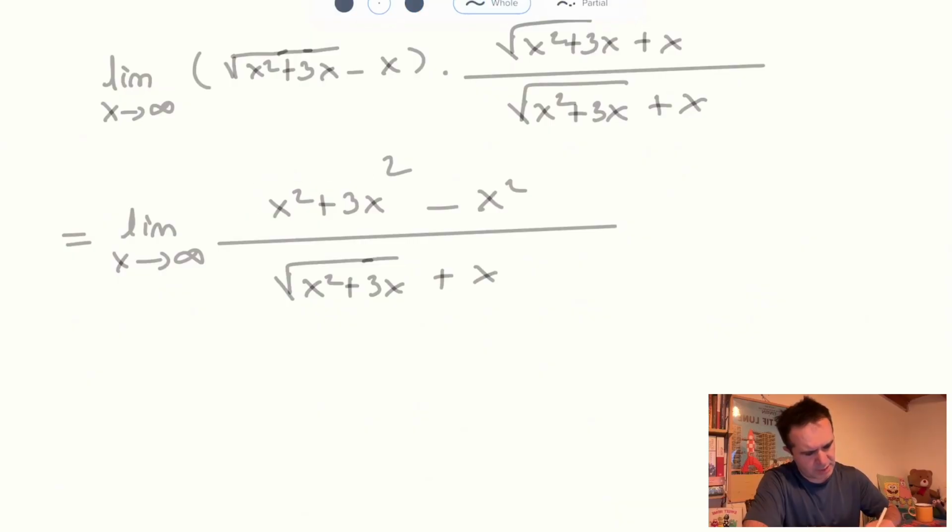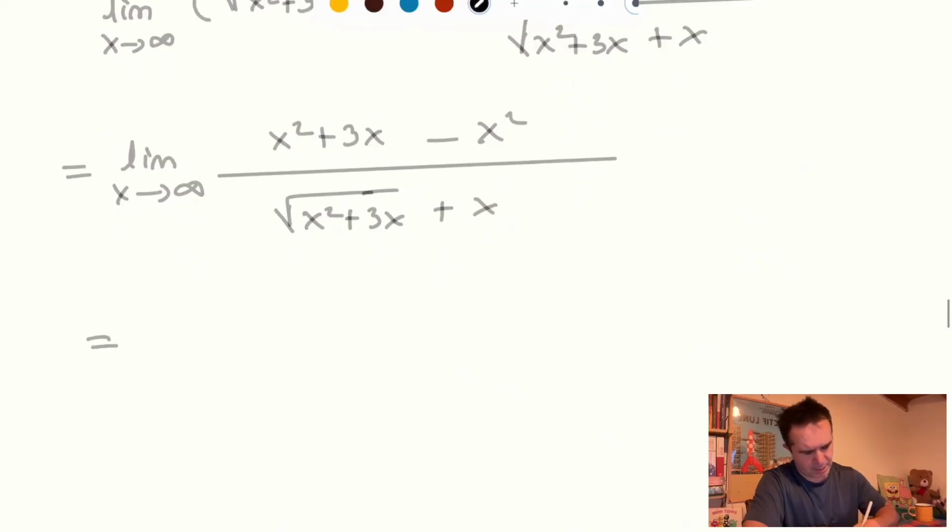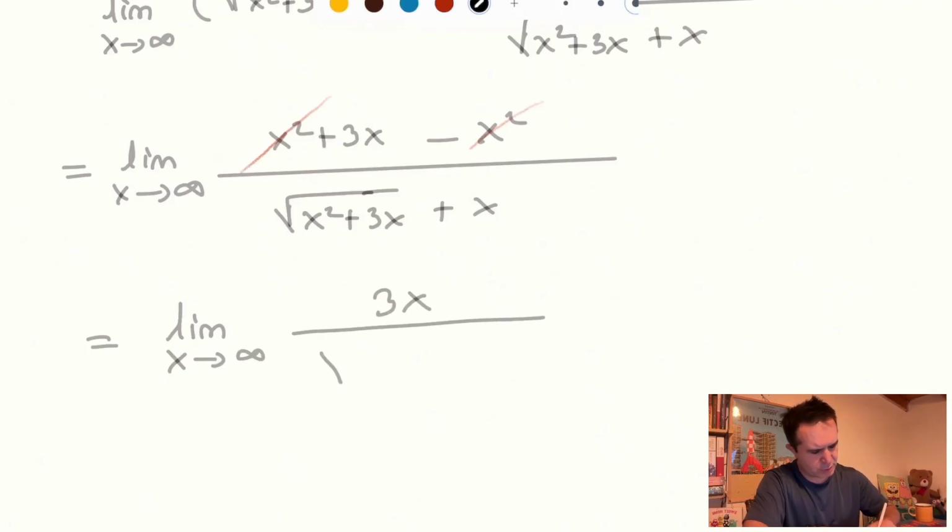We cancel the square and the root here, and minus x squared. We get the limit as x approaches infinity, and we cancel them. We get 3x divided by the square root of x squared plus 3x plus x.